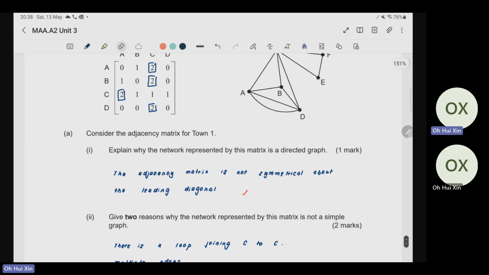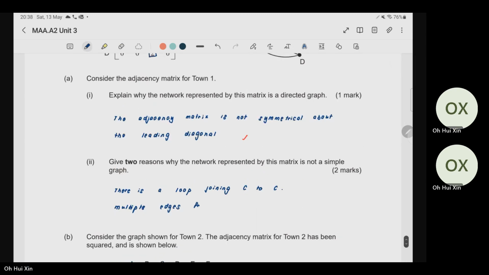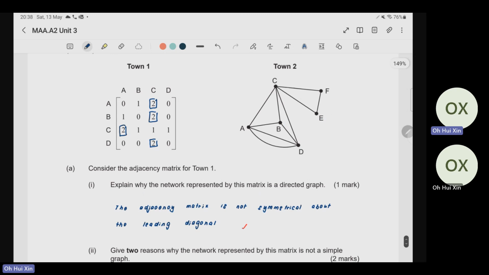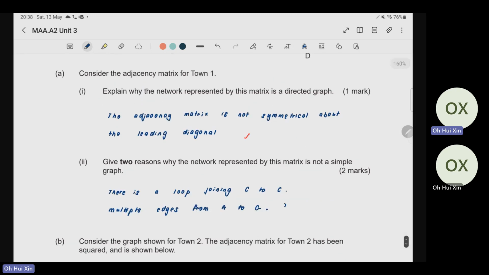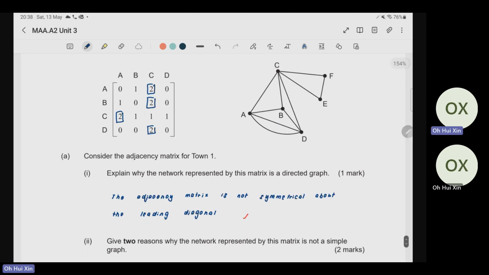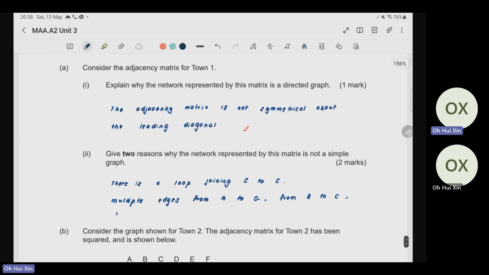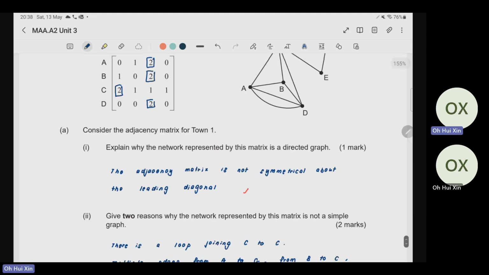So multiple edges from A to C, then from B to C, then from C to A, and also D to C.